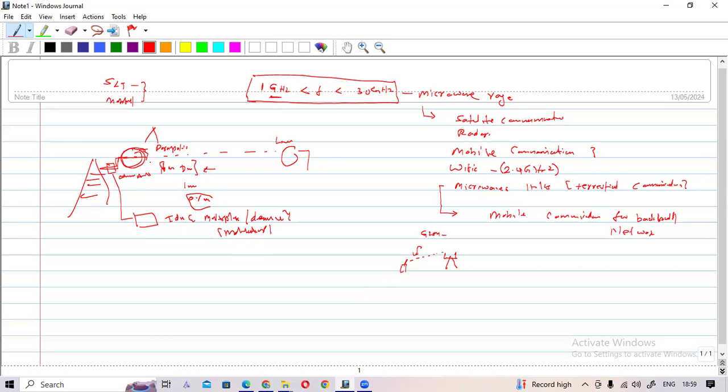But if you are going to use fiber cable between these two locations, you have to lay a fiber cable from here to here. That will be very costly because it will go through other lands, maybe through the roads. So we have to get approval from RDA and other government authorities.